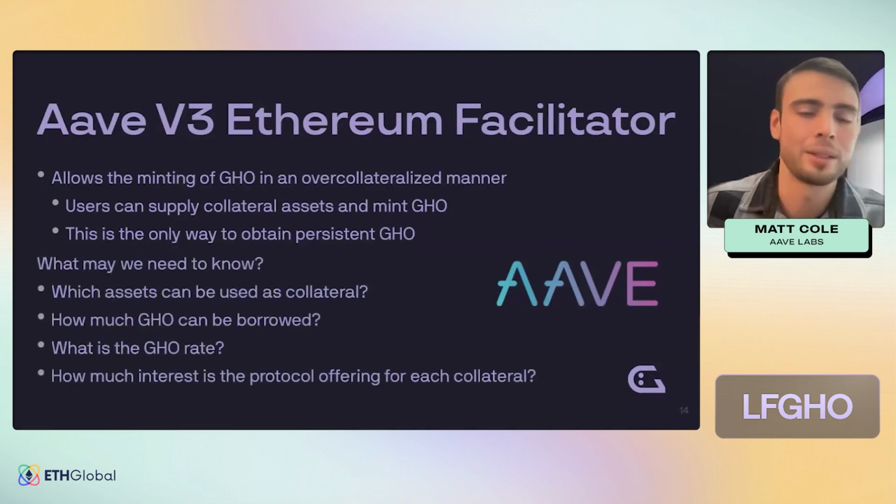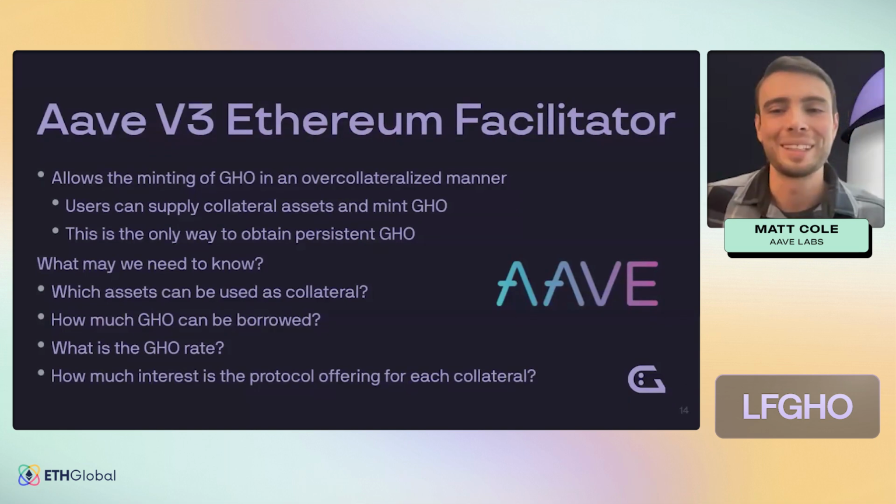So I put down here some that I was just thinking of, but there are many more. Part of this whole thing, I think, is to understand what is important for your application, what data you might need for your application. But here are a couple that I could imagine might be important, like which assets can be used as collateral, right? You can't necessarily use any token as collateral.